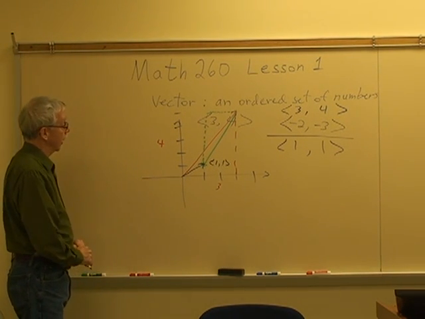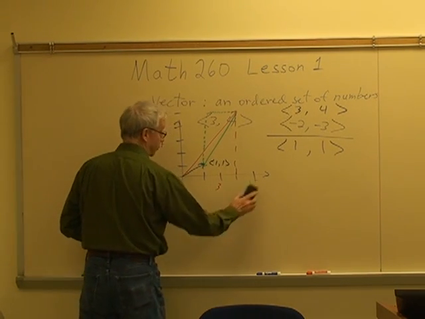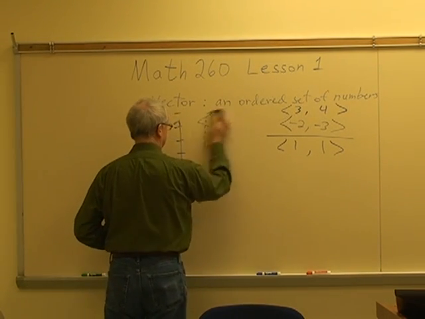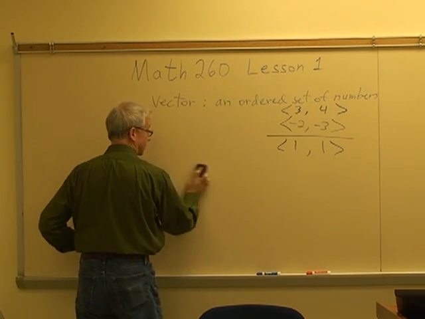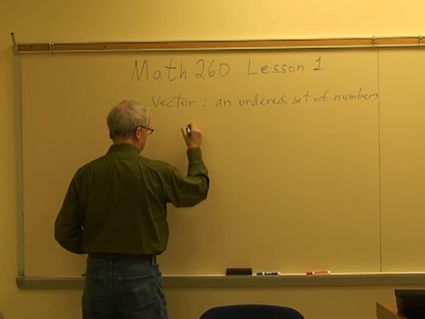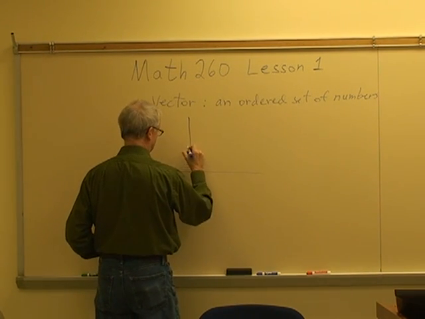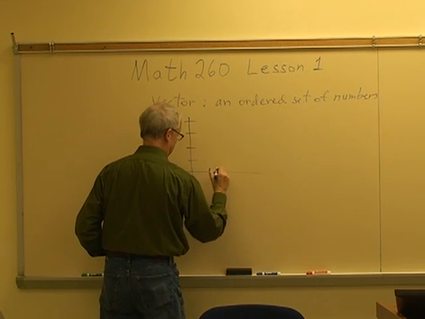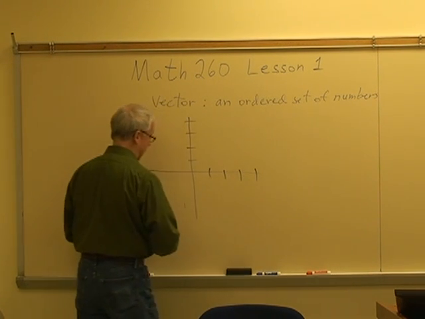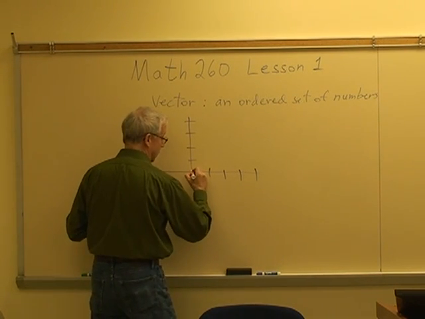What about vector scalar multiplication? Well, let's look at another example to do this. Again, start with a coordinate system. And I'll take the vector 2, 1.